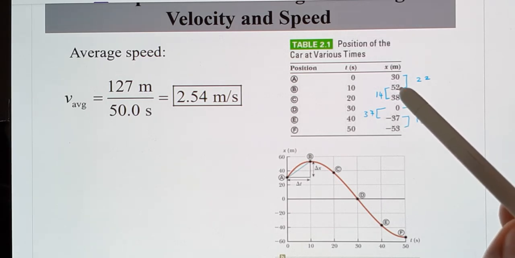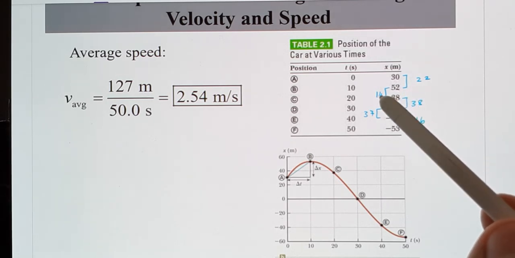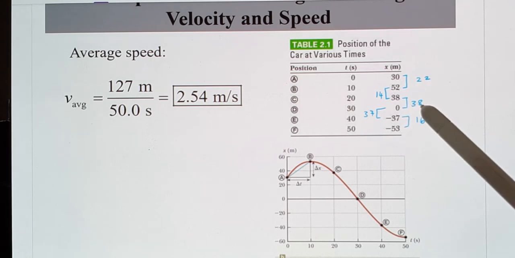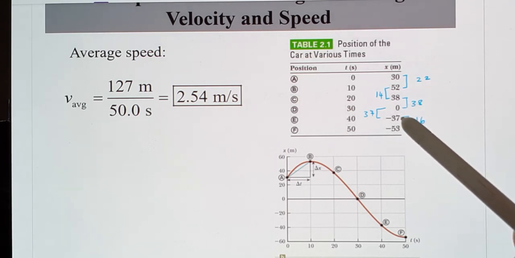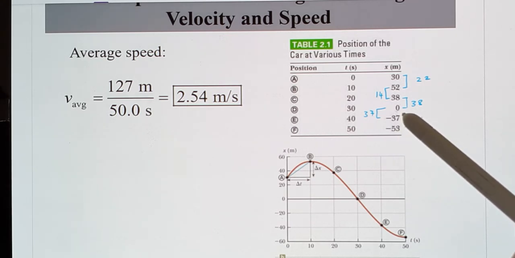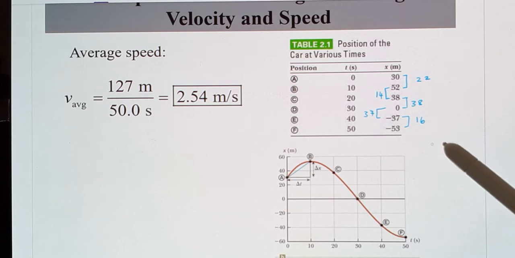Between 52 and 38, the car covers 14 meters. From 38 to 0, 38. From 0 to 37 is 37. And from minus 53 to minus 37, that's 16. Add them all, that's 127. Divide by 50, we get the average speed.